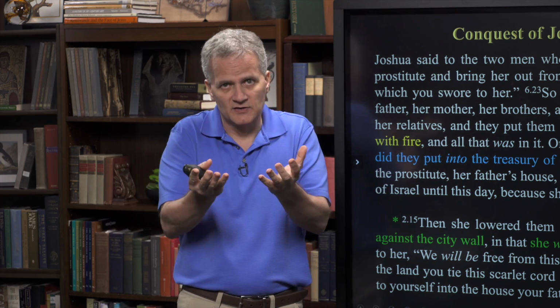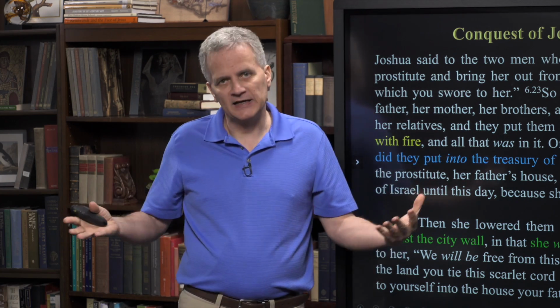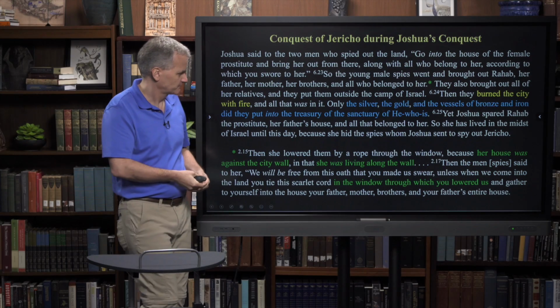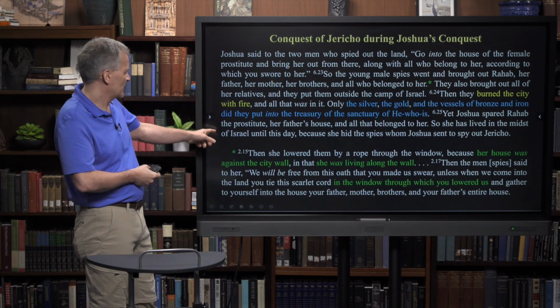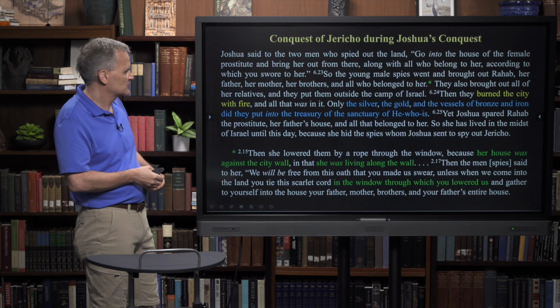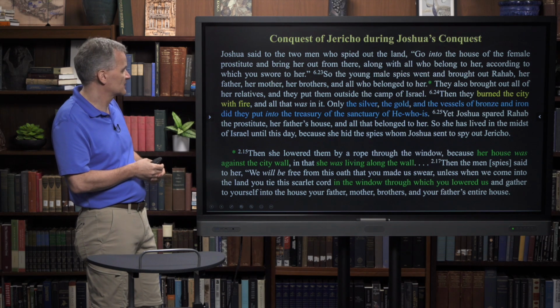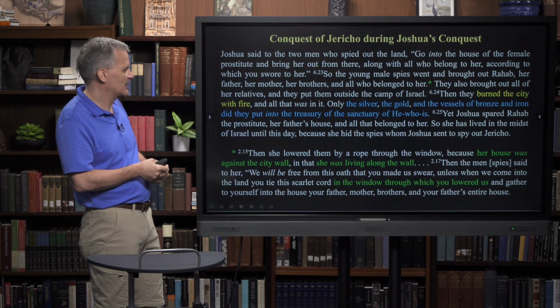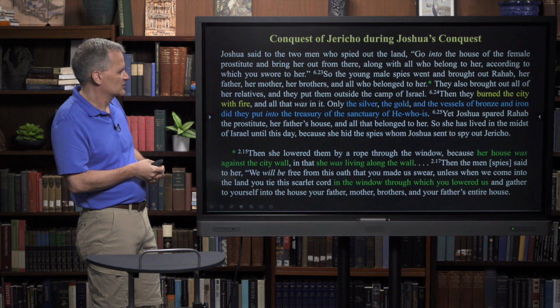They were his. He captured the city, and he deserved to have those things. Yet Joshua spared Rahab the prostitute her father's house and all that belonged to her. So she lived in the midst of Israel until this day, because she hid the spies whom Joshua sent to spy out Jericho.